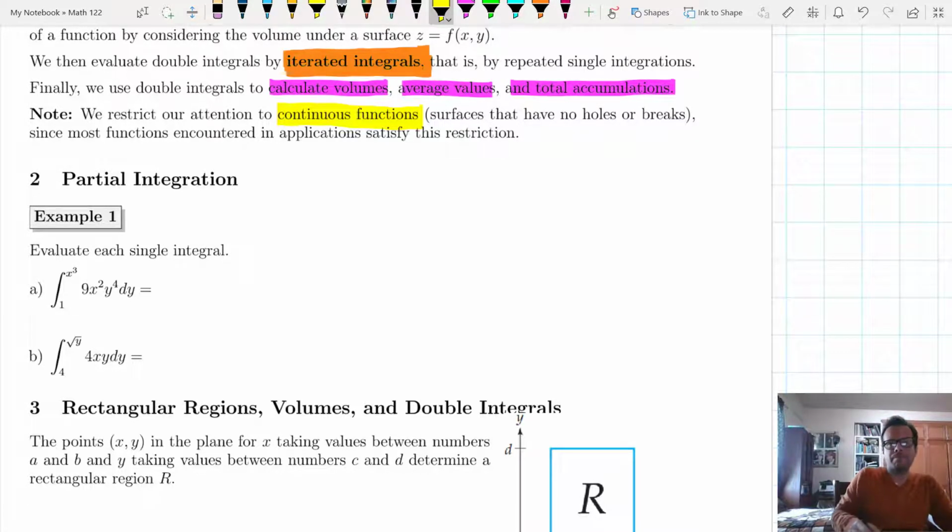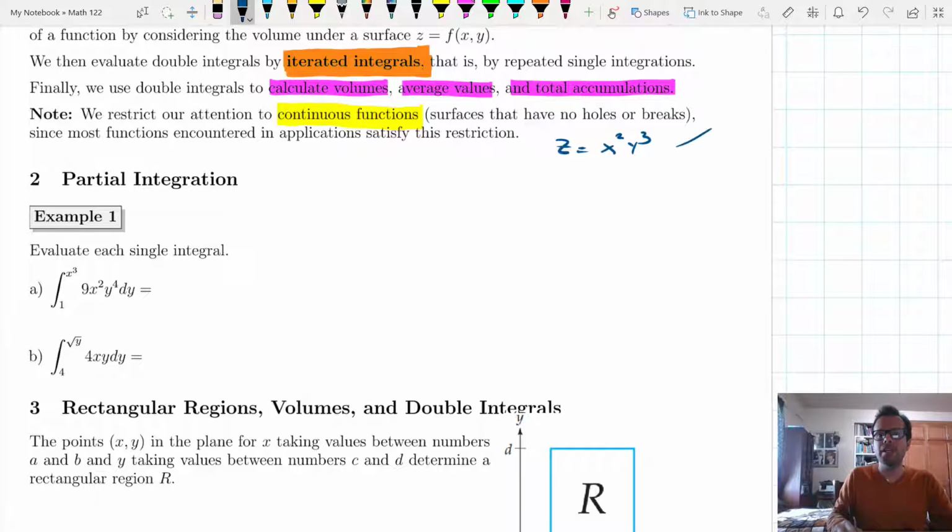All right, before looking at the double integrals, let's look at partial integration. Partial integration is the analogous idea of partial differentiation. For example, let me just call it z equals x squared y cubed.